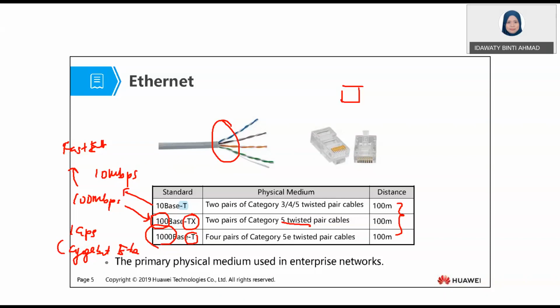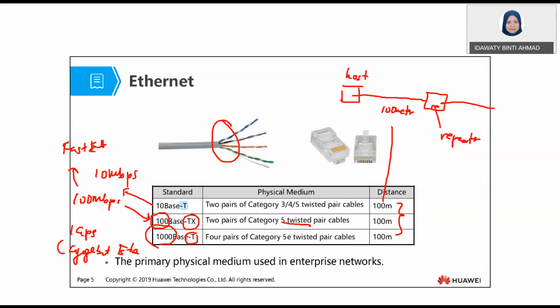If you use this cable, the maximum it can go is 100 meters. After this 100 meters you need a repeater, so that you can continue to transmit the signal again.